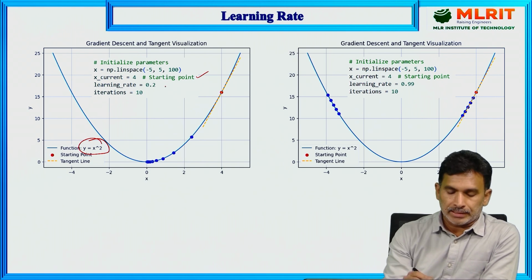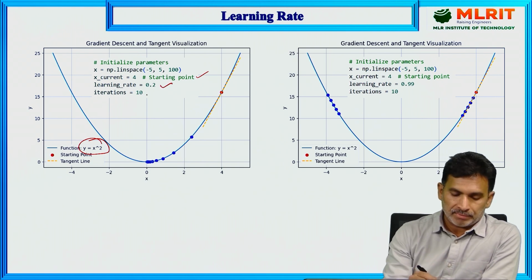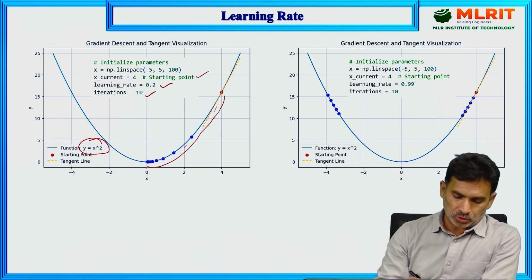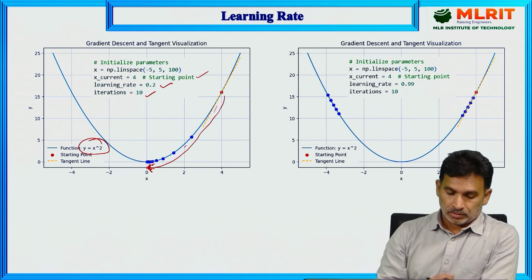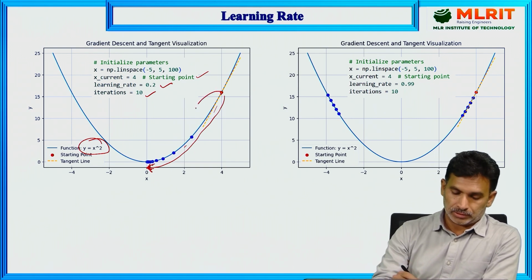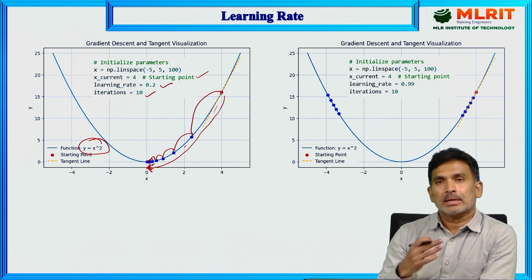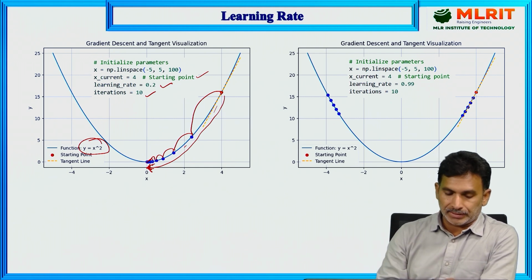The learning rate I set as 0.2, and the number of iterations is 10, and this is the way we reached the optimal solution. So this is stepwise learning, decided based on the learning rate, because the derivative is multiplied with the learning rate.